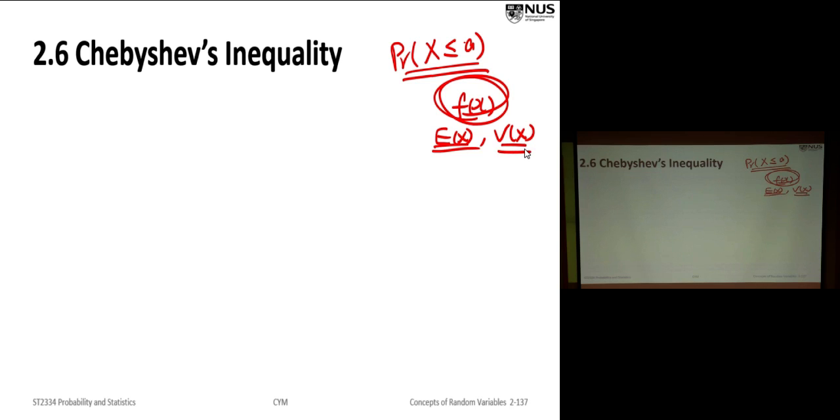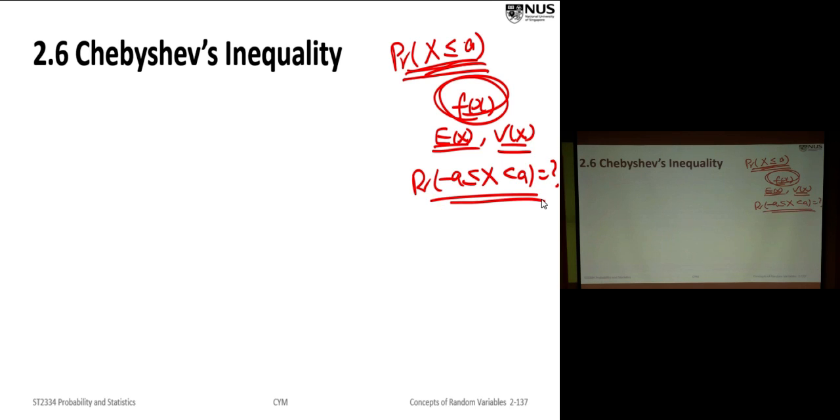Now, the other way around. Suppose I'm given the expectation of x and the variance of x. That means I don't know the probability function or the probability density function. I only know two numbers about this distribution. I want to compute a certain statement about the probability of x, for example, x lies between minus a and a.